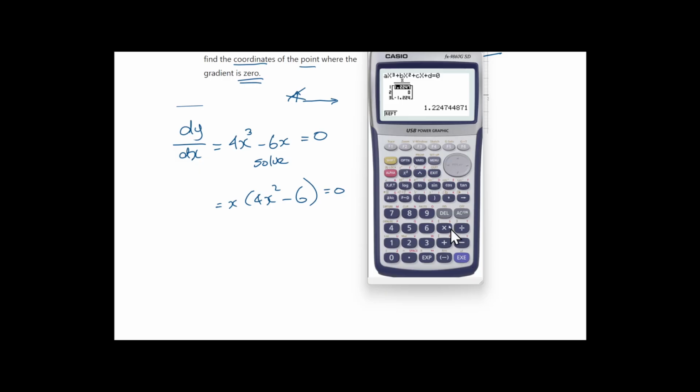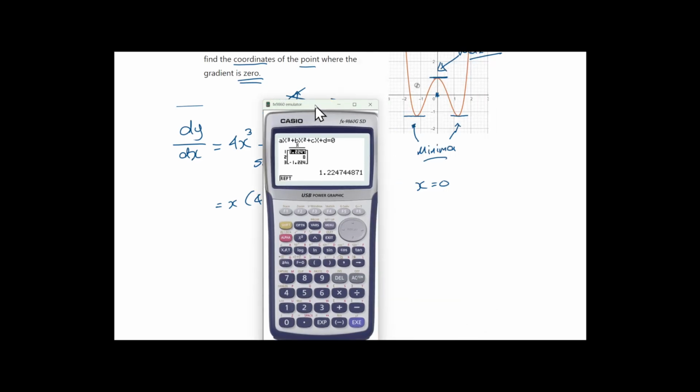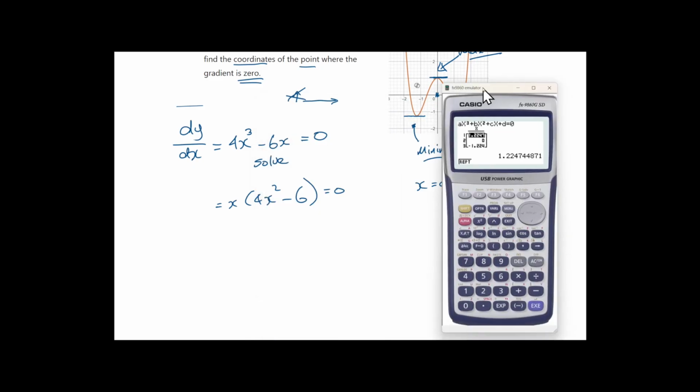And then solve it. So we can see here that the answer is 1.2247, 0 and minus 1.2247, which is kind of what we see there. So that's going to be the x values of our coordinates.